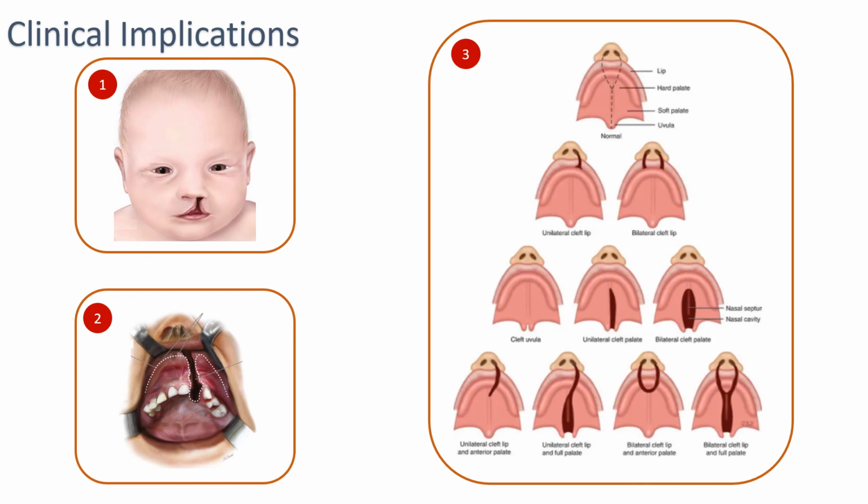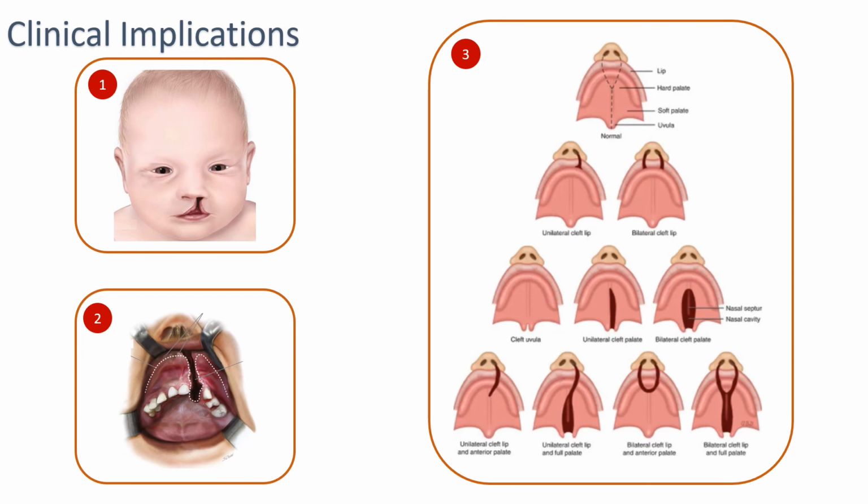So in reality, most of these clinical implications are relatively easy to fix when they occur in isolation. Surgical intervention can quite straightforwardly resolve a cleft. And depending on its severity, resolving a cleft might in turn help to improve that individual's quality of life, perhaps their speech and how they eat, because of course a cleft lip or even a cleft palate can quite possibly impair oral functions.